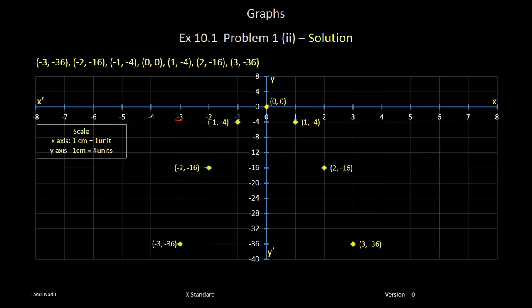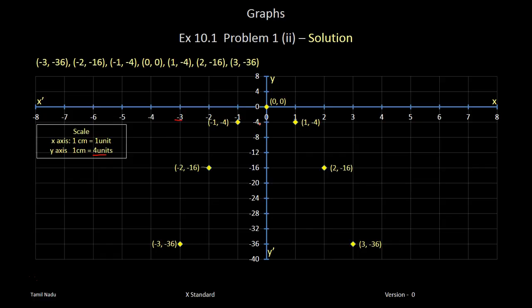Depending upon the availability, you can mark the negative side of the y-axis, and every centimeter is 4 units as per the scale, right? The scale is: y-axis, 1 centimeter equals 4 units. So you can write all the values: 0, 4, for 1 centimeter, 2 centimeters, 3 centimeters in your graph sheet.